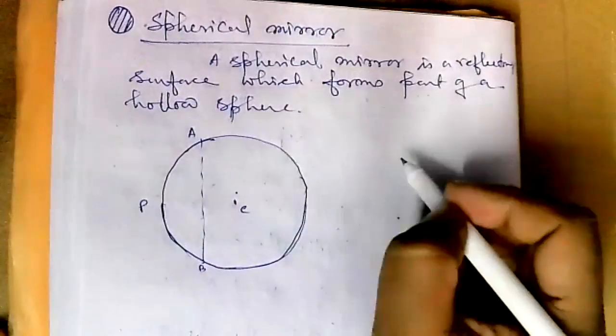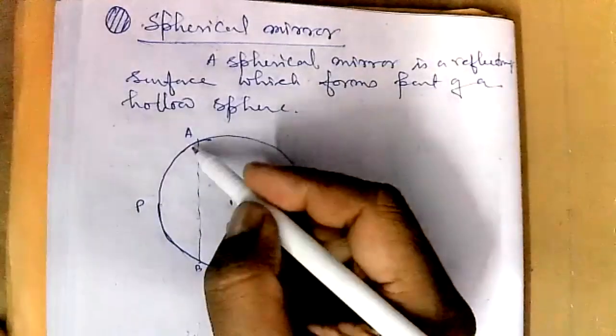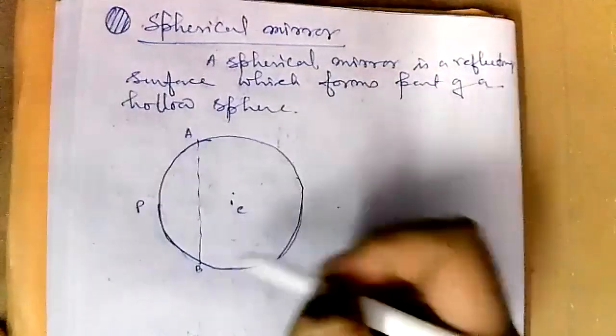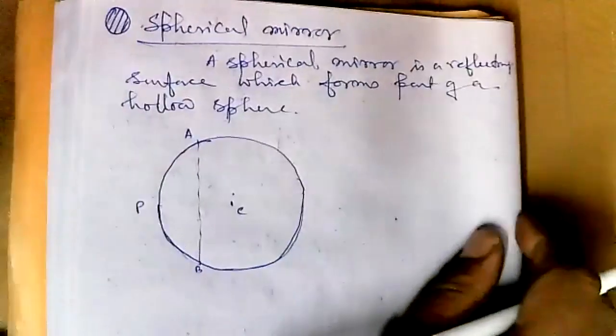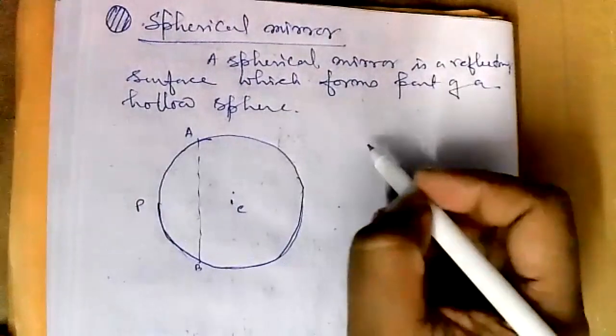Now, we can either silver the inner portion or the outer portion, according to which we can have two types of spherical mirrors.